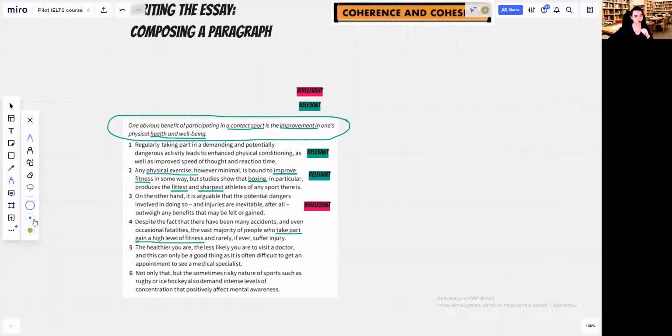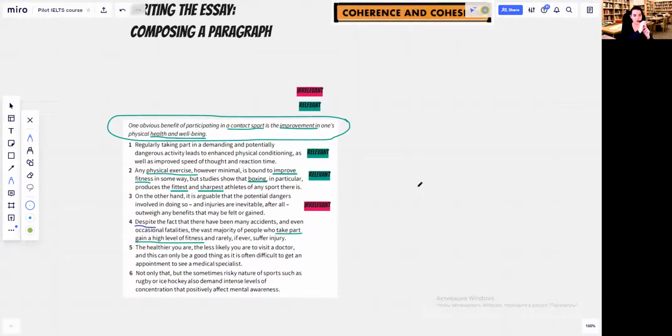Because it starts with despite. It's clear that the author weighs the potential counterpoint against the point that he or she is trying to make, and still thinks that contact sports improve your health and not ruin it.